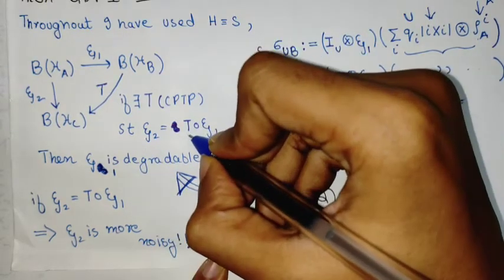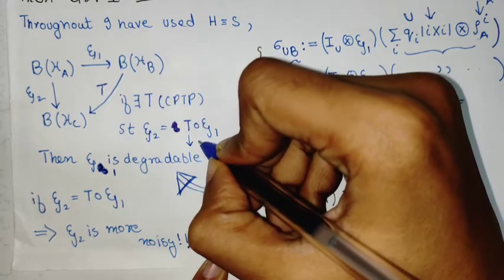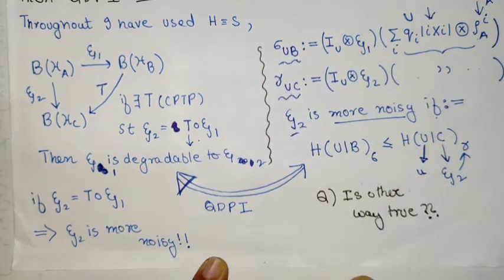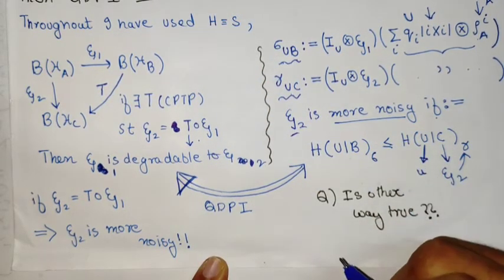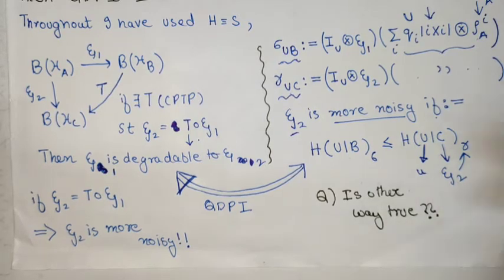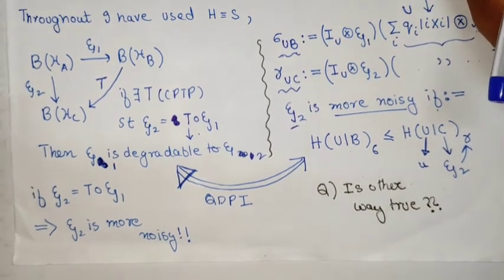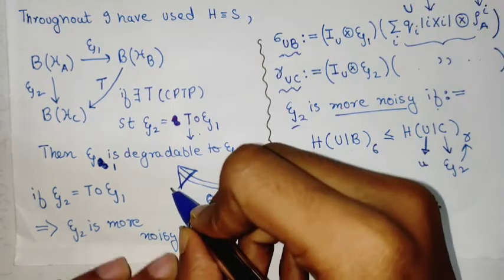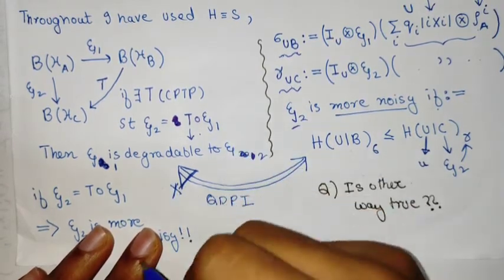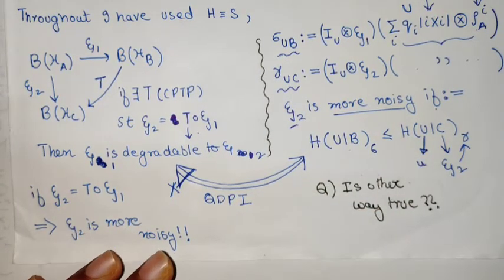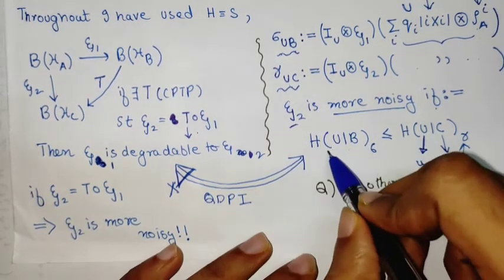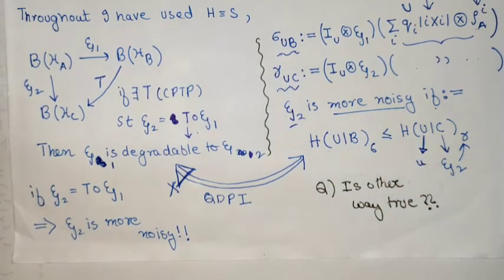That means, is it possible to conclude the existence of a CPTP map from this kind of inequality? The answer is that it is not possible. This direction of the inequality doesn't hold true. What must be done is that we must relax this condition a bit for it to hold true.